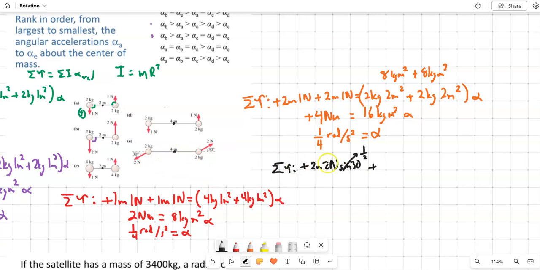On the right-hand side, this is positive 2 meters. This force is 2 newtons. Sine of 30 degrees, which is a half.